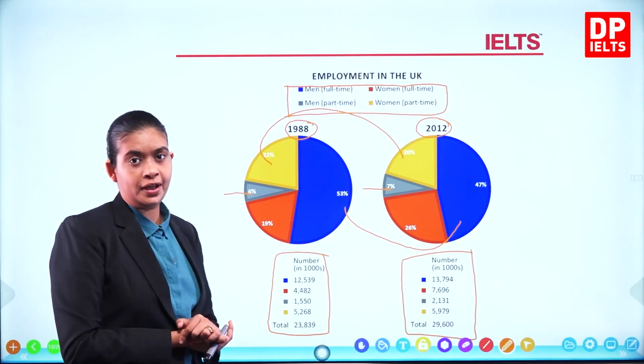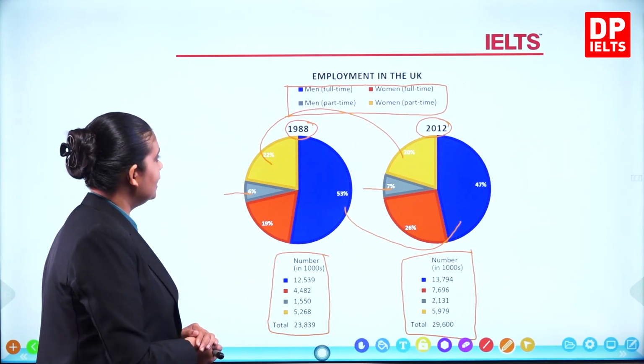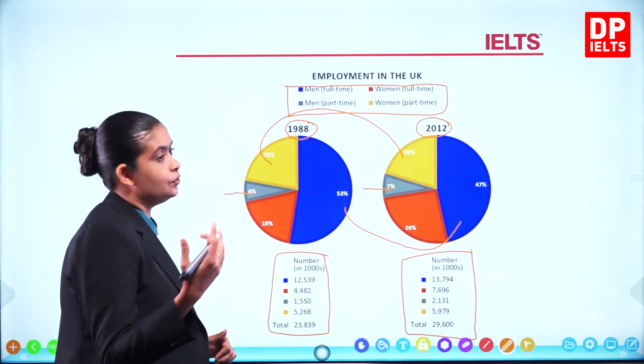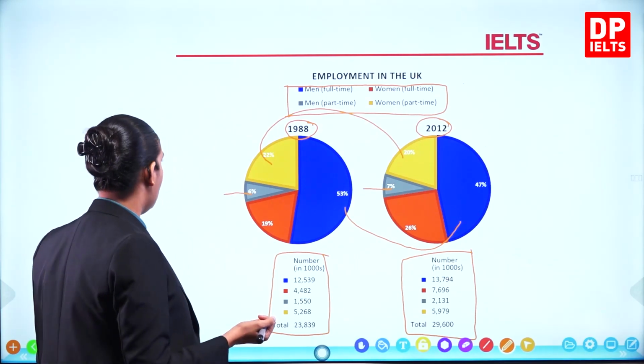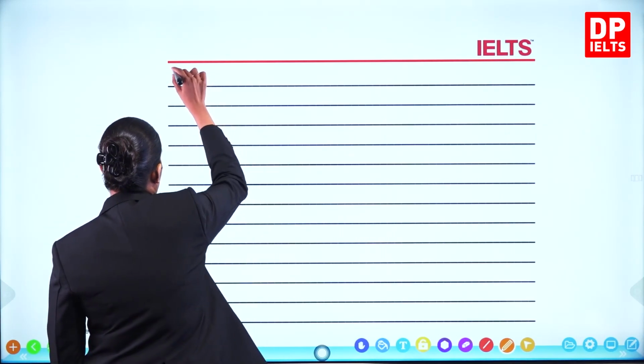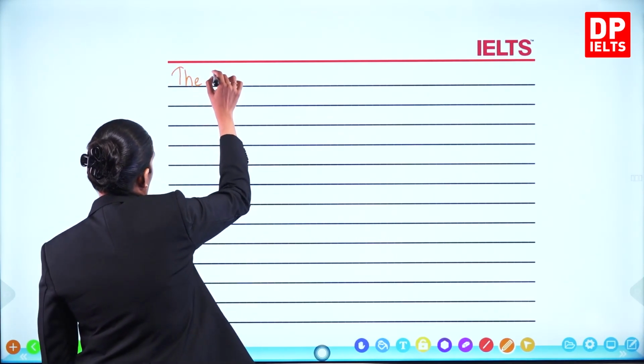Okay, I hope you would have completed your answer. Let us have a look at a sample answer. Let's write one so that you could compare it against your answer. We start off with the introduction and we have to talk about the type.